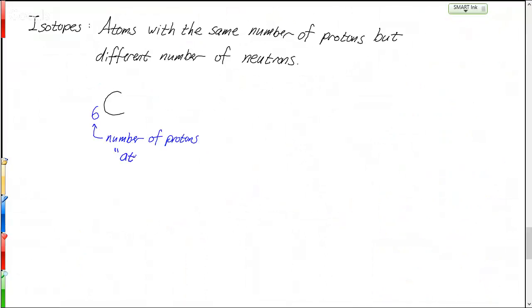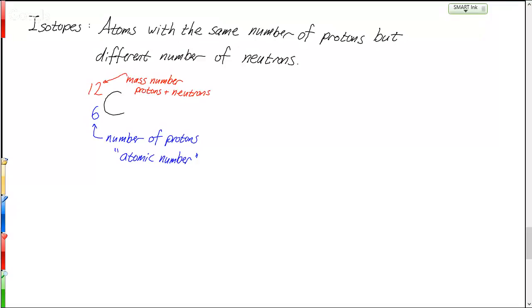And we call that the atomic number. And then we can express what type of isotope it is by reporting the mass. The mass number is the sum of the protons and the neutrons.